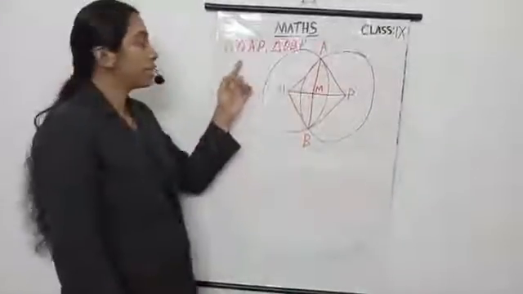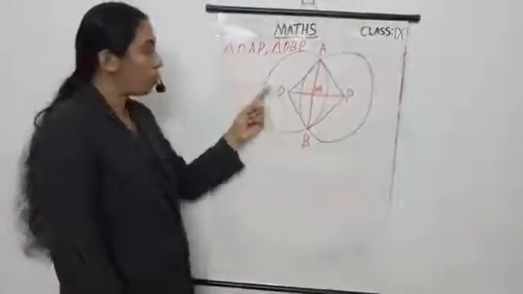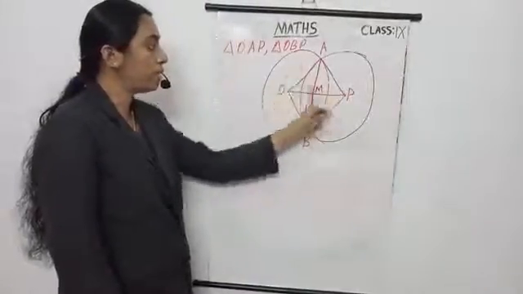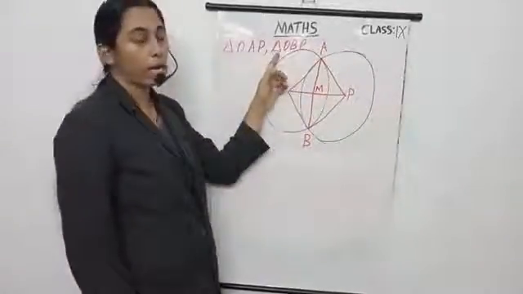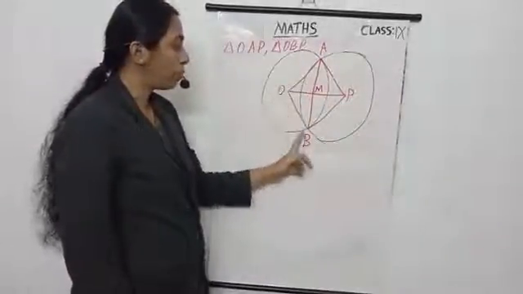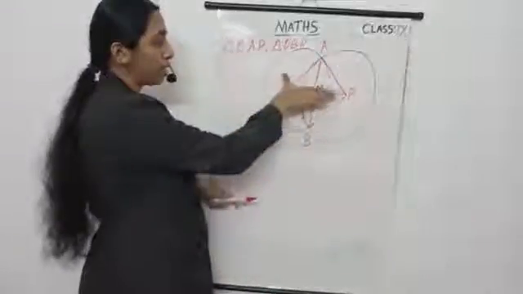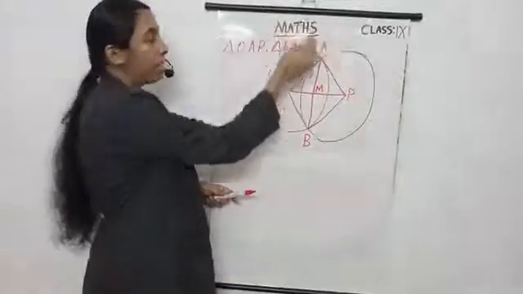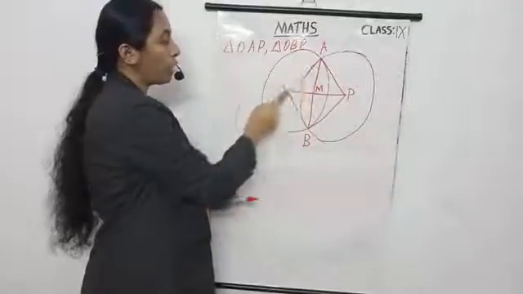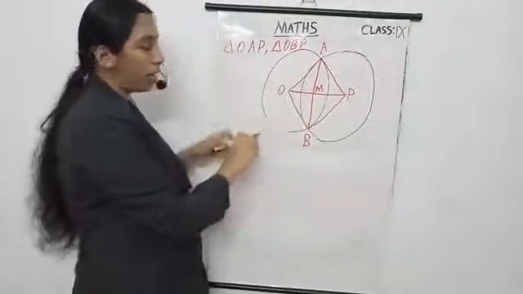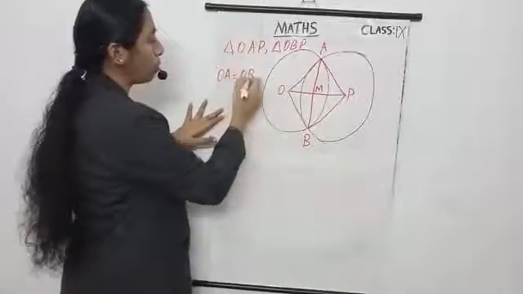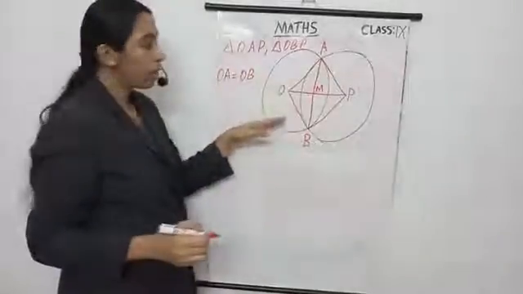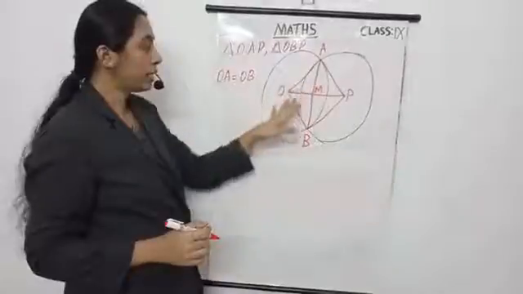So consider triangle OAP, this triangle, the upper portion, and triangle OBP. These two triangles we consider. Now OA equals OB, isn't it? OA equals OB because both are radii of a circle.